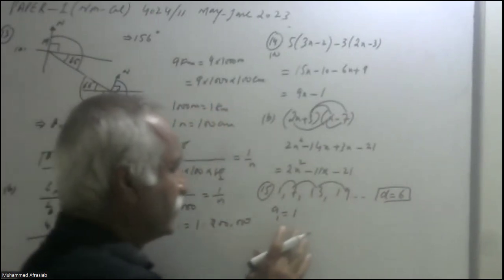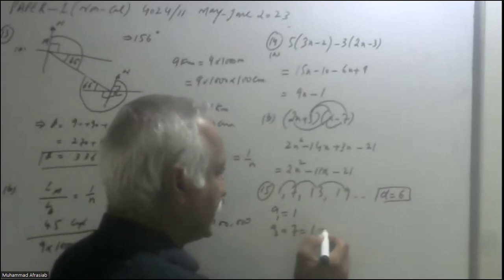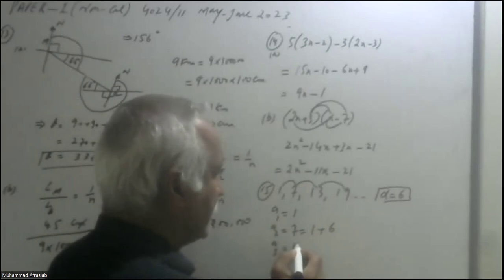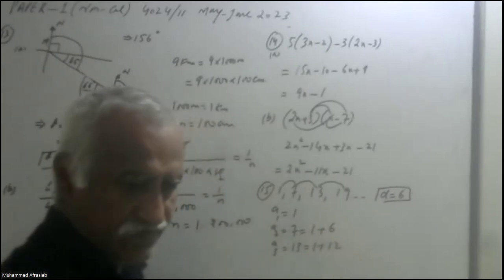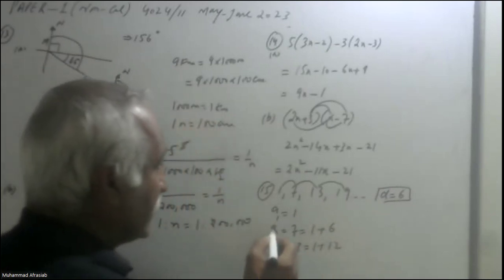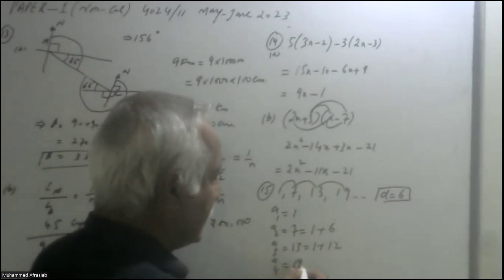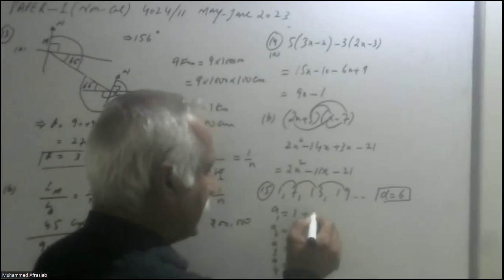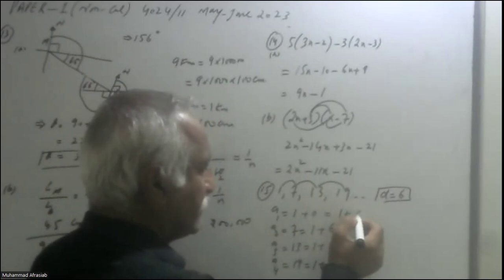So if A1 is equal to 1, then A2 is equal to 7, which we can write as 1 plus 6. A3 is basically equal to 13, which we can write as 1 plus 12. Then there is A4, which is 19, which we can write as 1 plus 18. So we can write this thing as 1 plus 0.